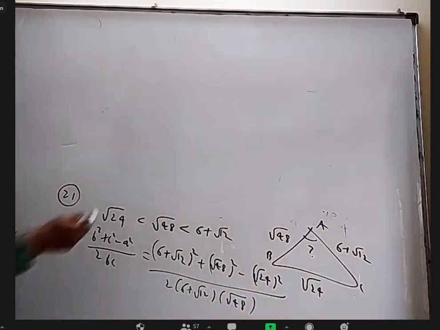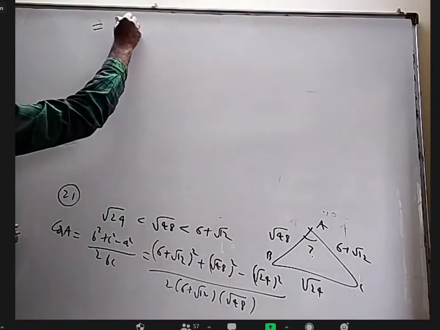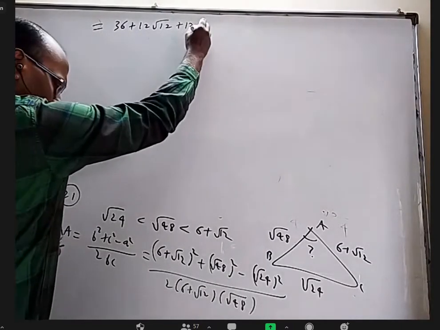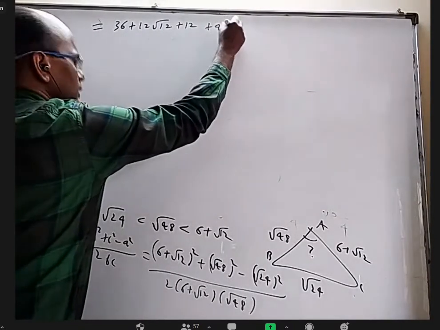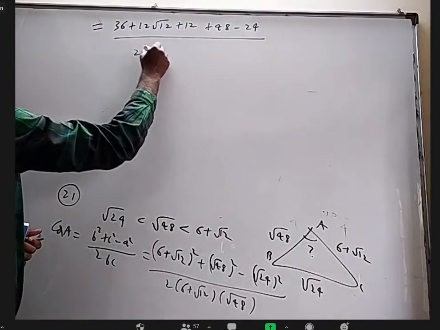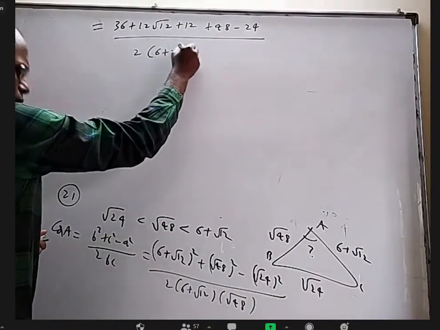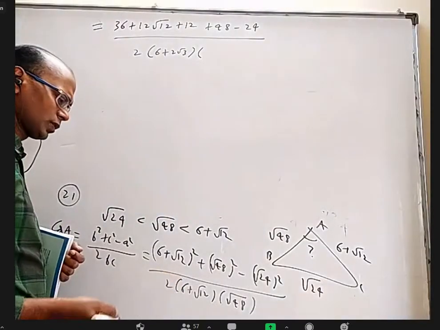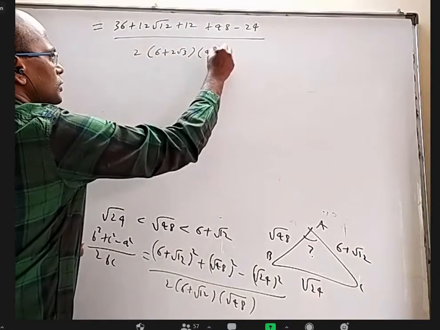Okay, just to simplify this: 36 plus 12 root 12 plus 12 plus 48 minus 24, by 2 into 6 plus root 12 into 2 root 48. Root 12 is 2 root 3, and root 48 is root of 16 into 3, so 4 root 3.